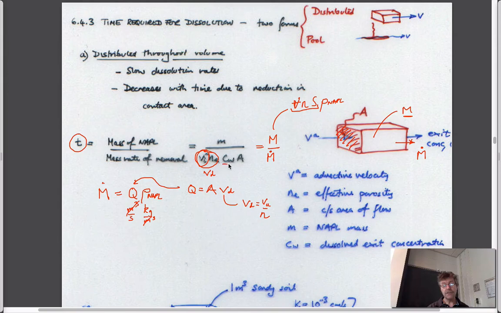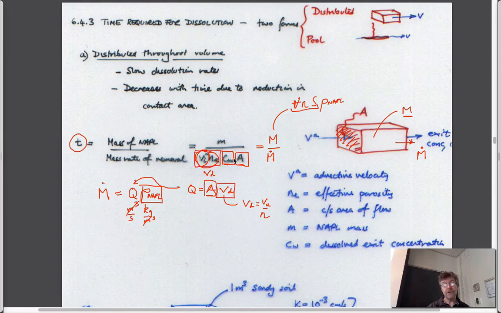This is concentration, which is kilograms per meter cubed, and this is the area over which it occurs. This is concentration. And the Darcy velocity is merely these two terms together, just written a different way.